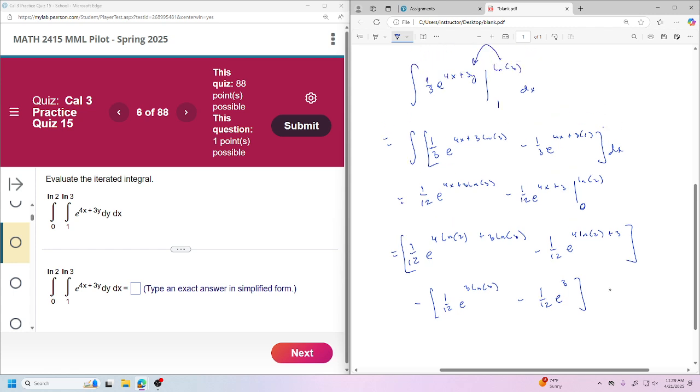Because you're adding in the power, it means you're multiplying your bases. Everyone's got a 1/12, so I'll just do it in the front. So I'm multiplying the bases. So this is e^(4 ln 2) times e^(3 ln 3). And then over here, same thing.